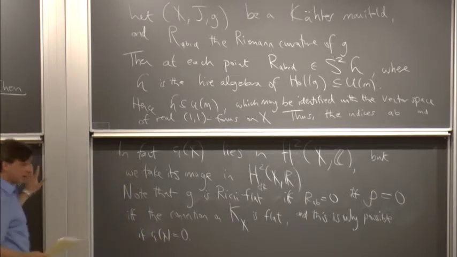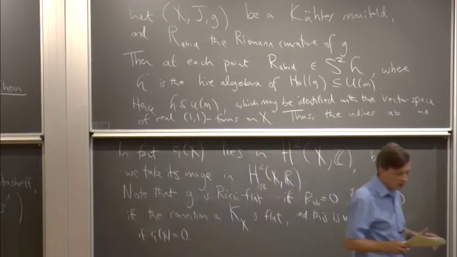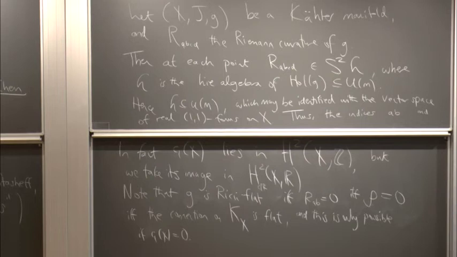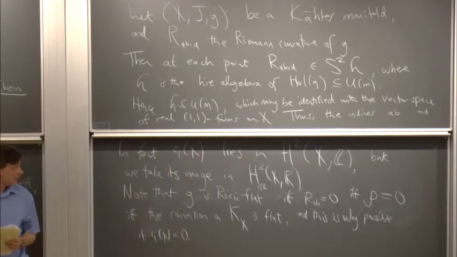So we're going to be interested in Ricci flat Kähler metrics because they're more or less the same thing as Calabi-Yau. They include the Calabi-Yau and the hyper-Kähler cases. And so the condition that C1 of X equals 0 as a topological condition on your complex manifold is going to be very important.